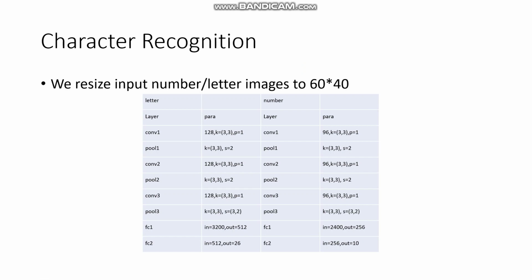Since our dataset is very small, we use a very small model like this. Next, we implemented the max select method because in the dataset we have 3 different images for one car. So we can let them vote for every character, and then 30 images will come out with one result.